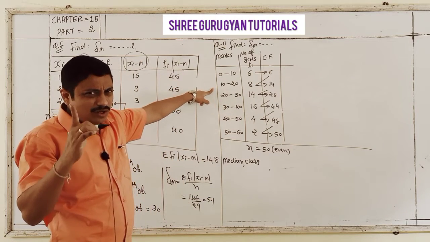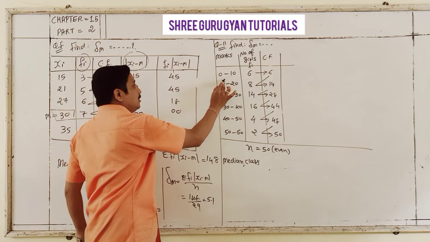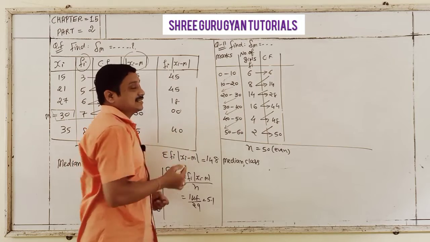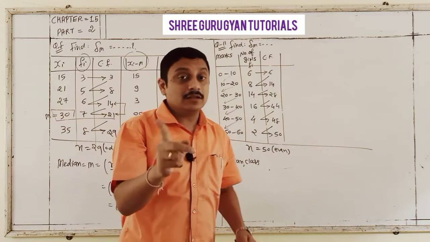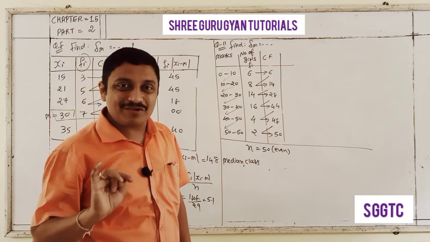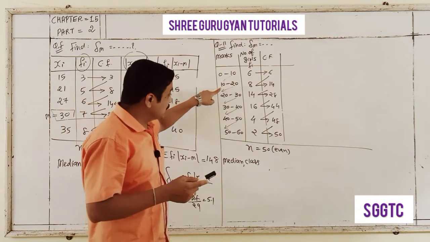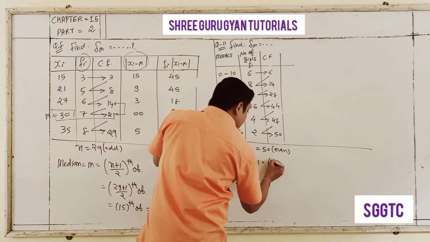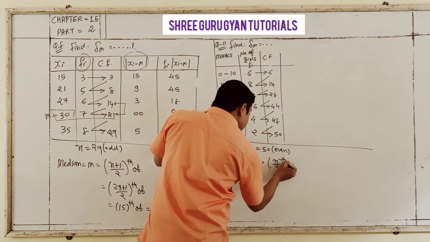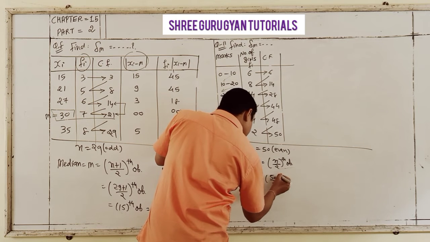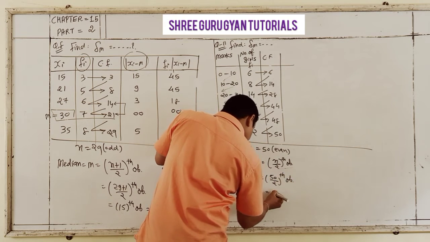And students, one more important topic, check here, your class is continuous data. In question number 12 check, it is not continuous. So in that type I will explain in different parts, but here I explain continuous data. The median class is very easy: n by 2 th observation, 50 by 2, which is the 25th observation.